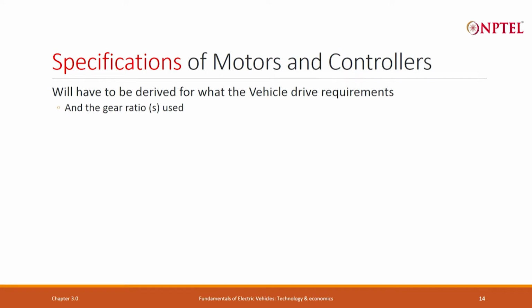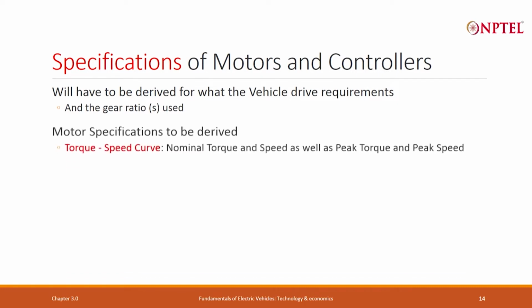What we will start today is that from the vehicle drive requirements we come to the motor specification. We of course have to choose a gear, but once the gear ratio has been chosen, from the vehicle requirement we come straight away to the motor specification.